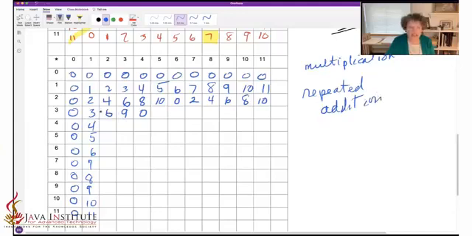So we can just keep adding 3. We add 3 to 9 and we get 12, but that's 0. 3, 6, 9. 4, 8. Now we get 0. Add 4 more, back to 0. We see a pattern.